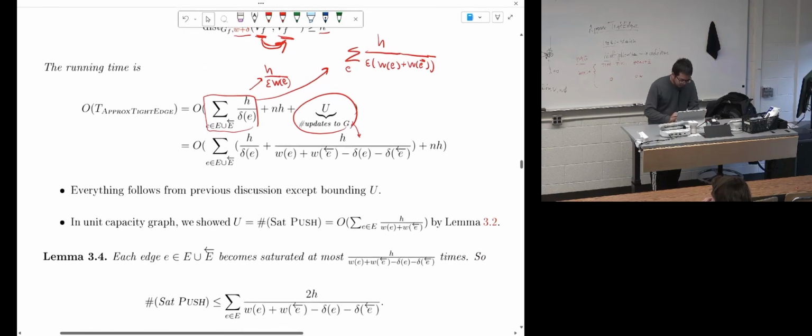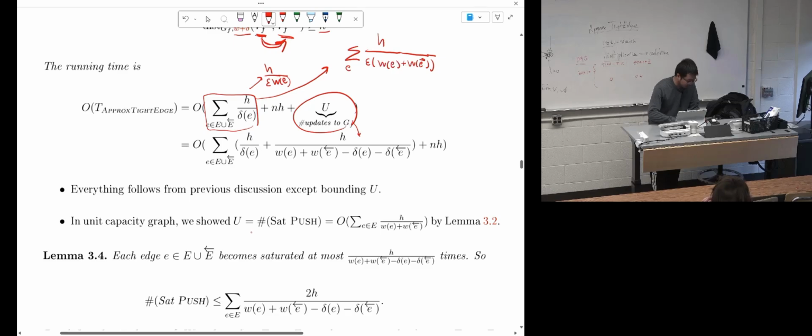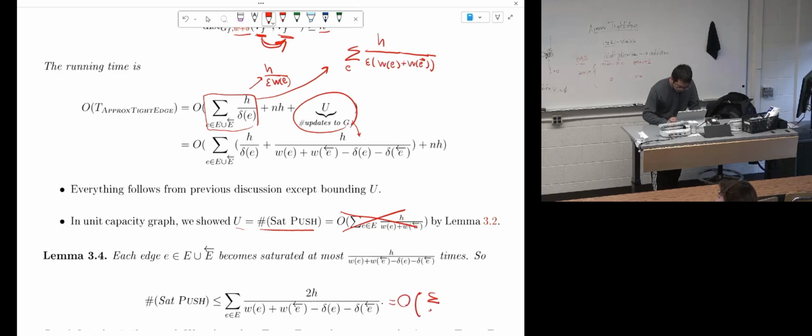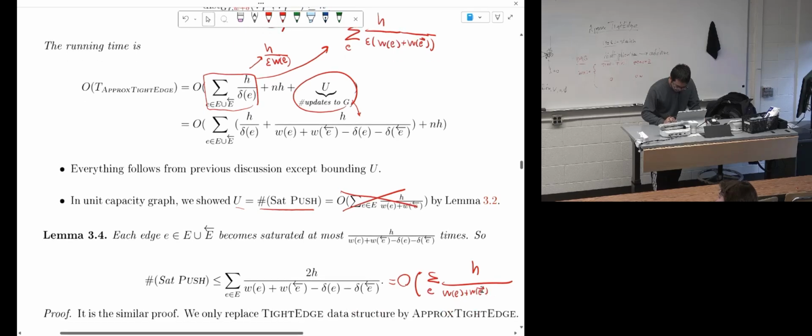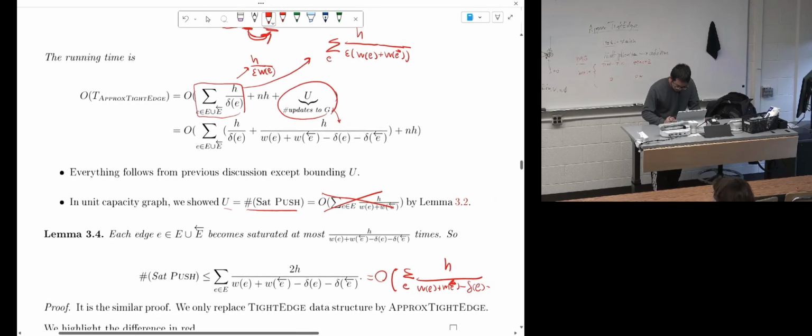Like U here is just going to be at most the number of saturating pushes, and it can be written like this: the sum of all edges over backward minus slack of backward.